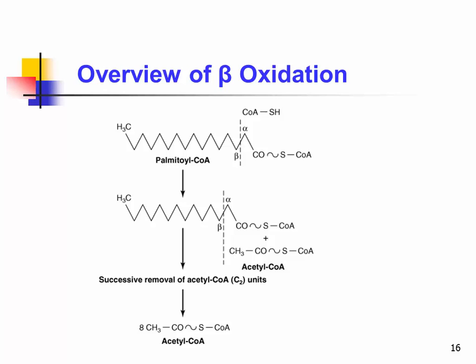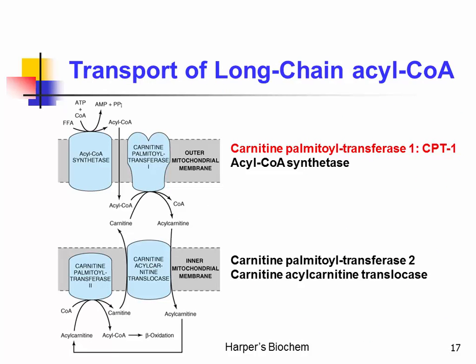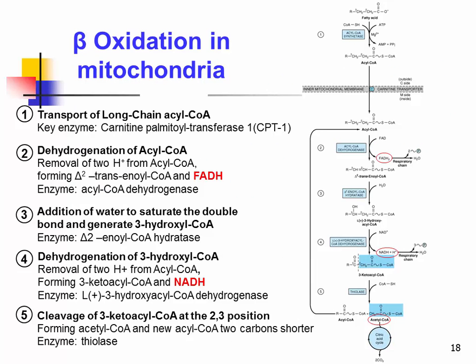So try to remember, for example, palmitate, a 16 carbon fatty acid: how many acetyl-CoA are generated, and how many cycles of beta oxidation? So this occurs in mitochondria, and CPT1 is the key regulator of beta oxidation, right?